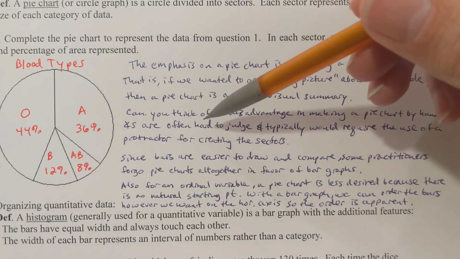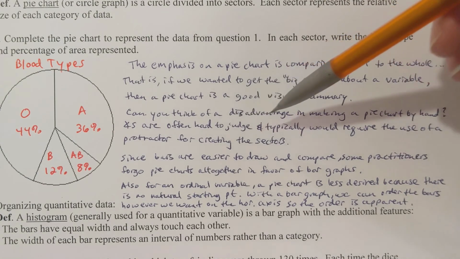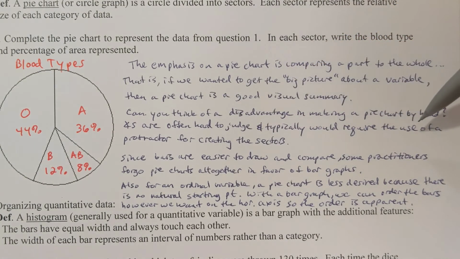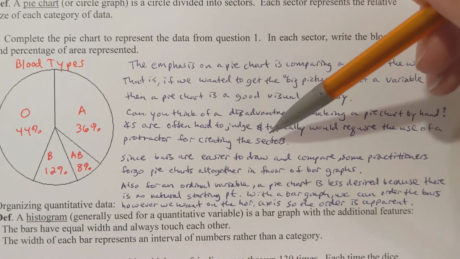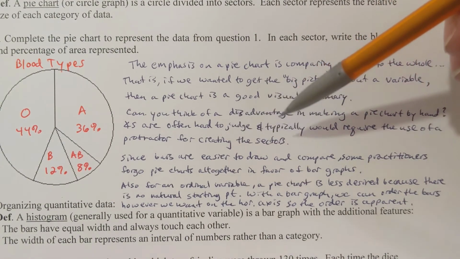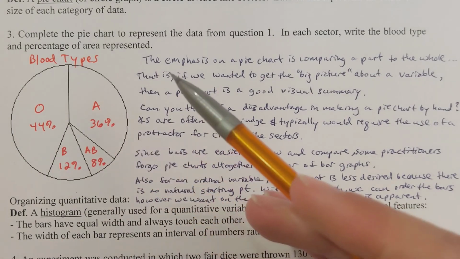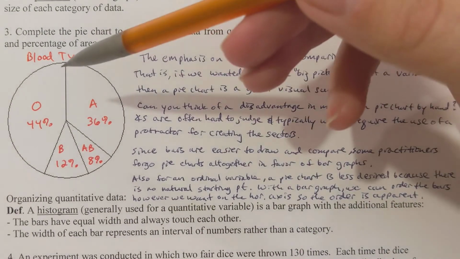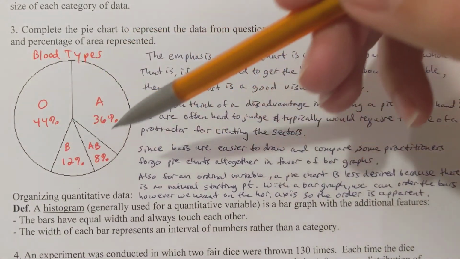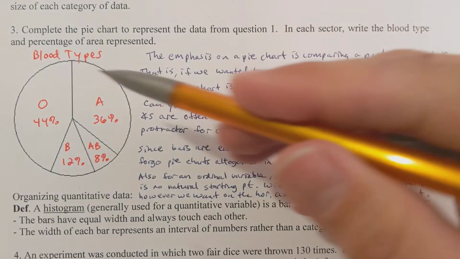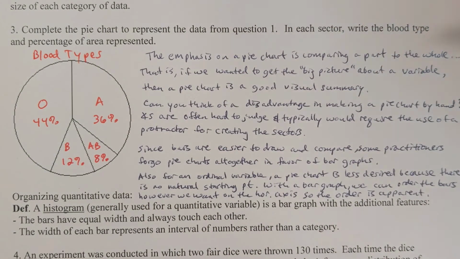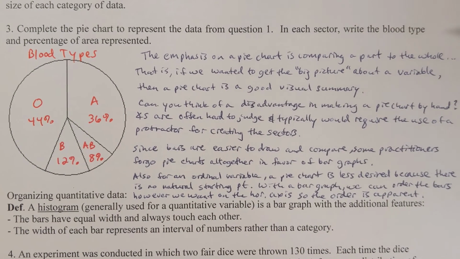Well, the angles are often hard to judge and typically would require the use of a protractor for creating the sectors. So I mentioned that I had a computer generate this pie chart for me. It would be very difficult to draw this by hand and have exactly 44%, exactly 36% showing. So it'd be easier to have a computer do that.